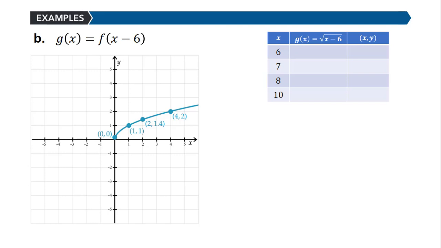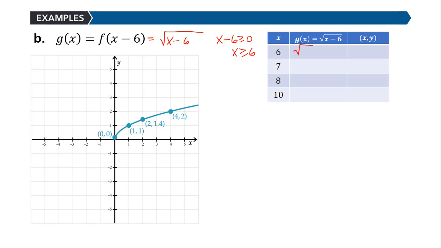Let's look at g of x equals f of x minus 6. Because the function f is just the square root of x, f of x minus 6 is the square root of the expression x minus 6. So the domain of this function is where x minus 6 is greater than or equal to 0, or where x is greater than or equal to 6. So in my table of values, I'm going to plug in 6, 7, 8, and 10.